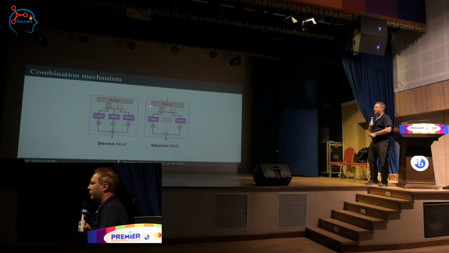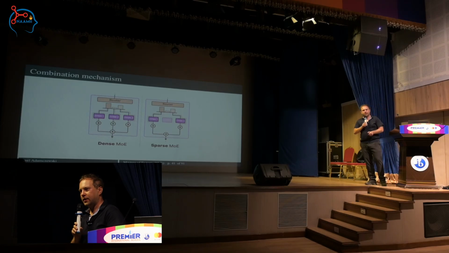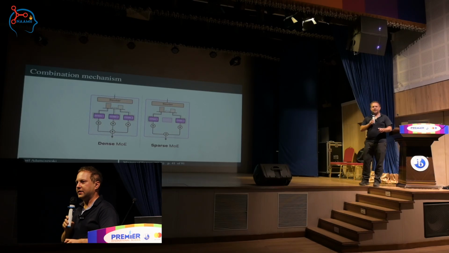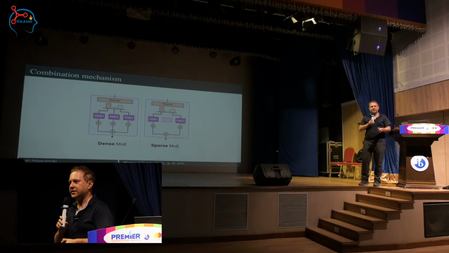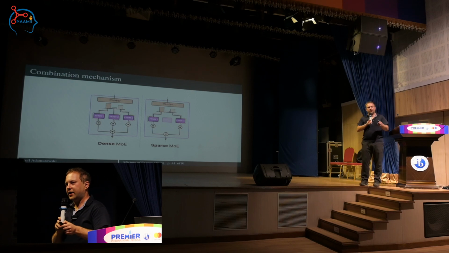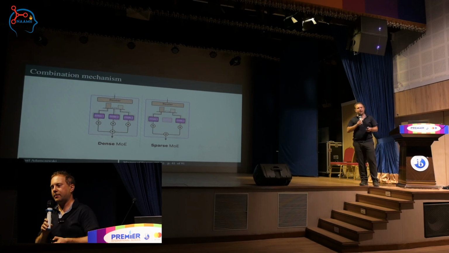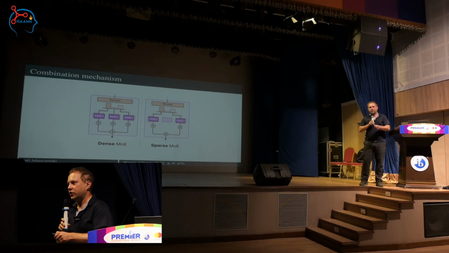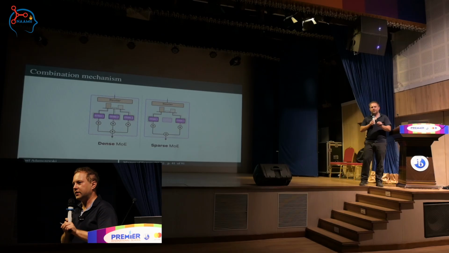That is the output of this small router, and based on this we make a decision. 0.6, the first one, has the highest value, so that means it is the most appropriate expert. 0.3 is the second one. So based on these two values, we will select only these two FFNs.